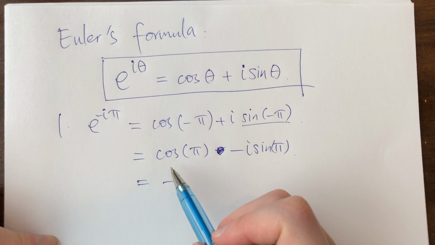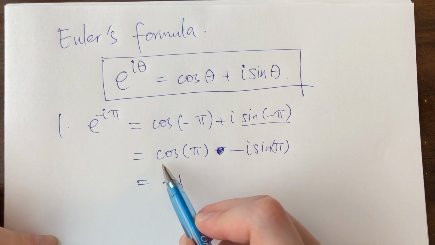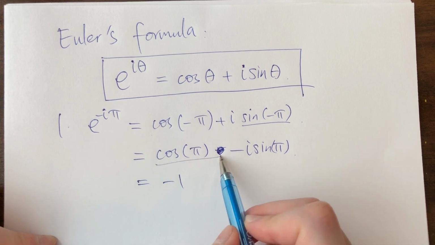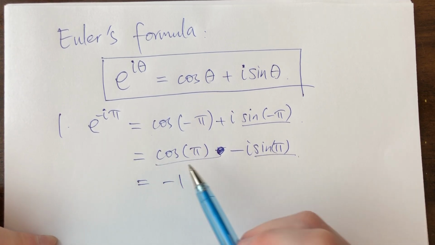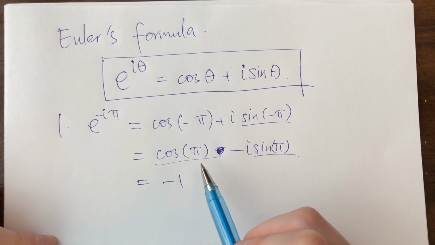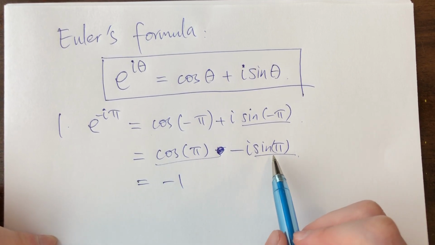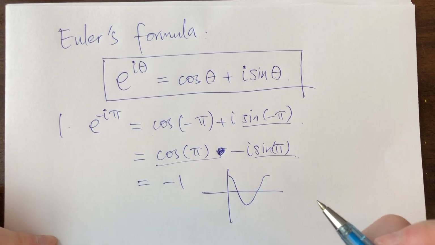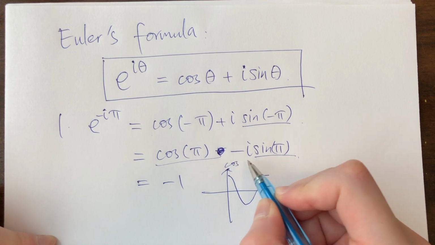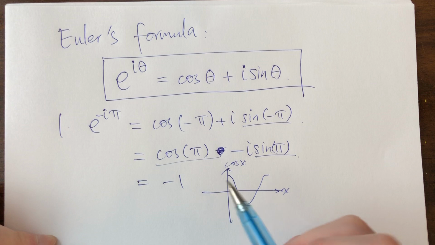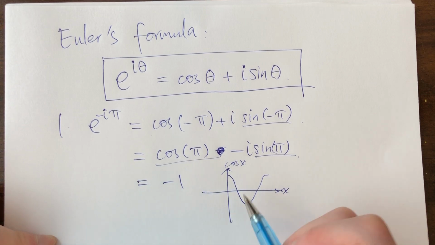I know I'm dwelling too much on this simple problem, but I want to remind you that one of the ways I can quickly retrieve the value of a trig function is to memorize their pictures. So cosine will look something like this. If pi is here, then the value is negative 1.